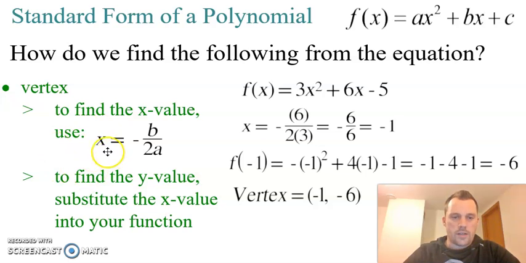Well, now that we've found the x value from that, now we substitute that into our function and evaluate at that value for x, and that's going to give us our y value. So we got an example here. 3 and 6 go into our formula. We get x equals negative 1. So we evaluate f of negative 1, and we get negative 6. So our vertex would be negative 1, negative 6.